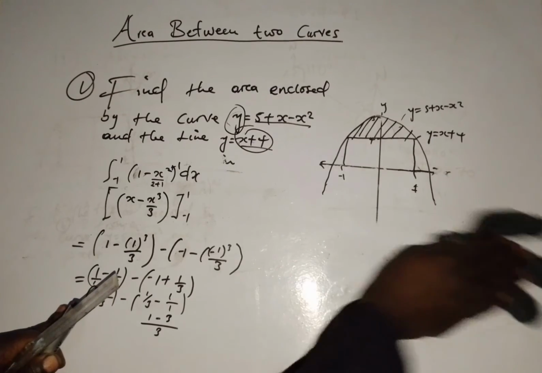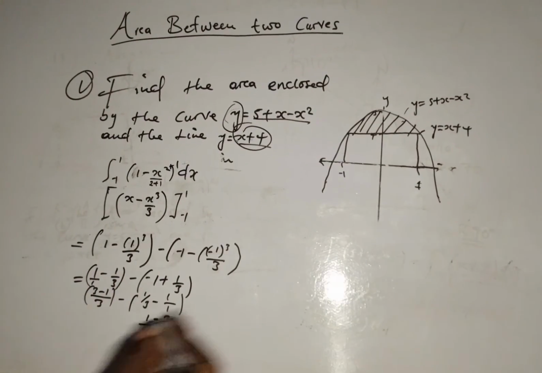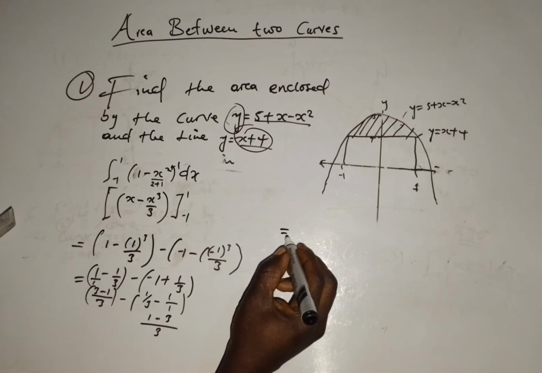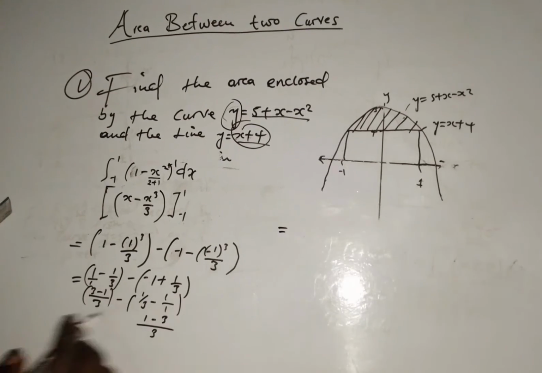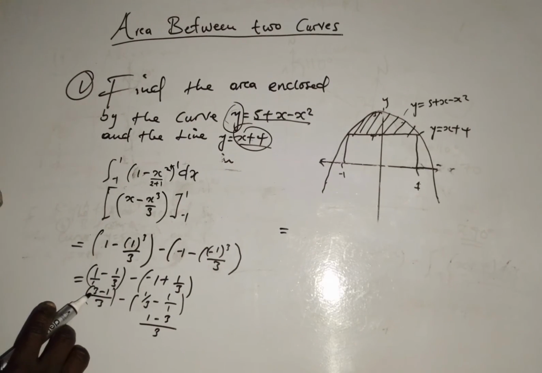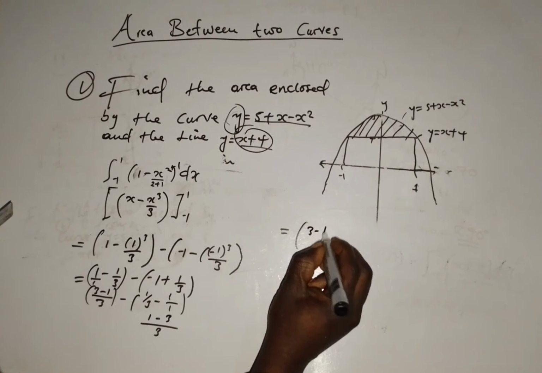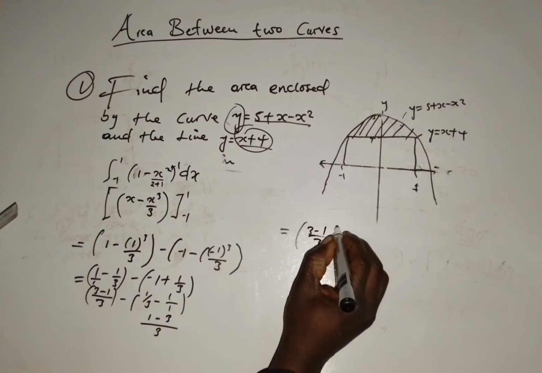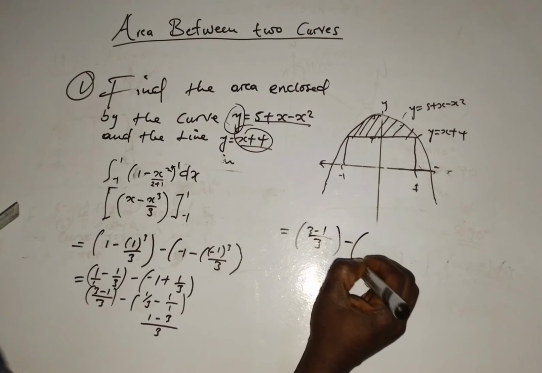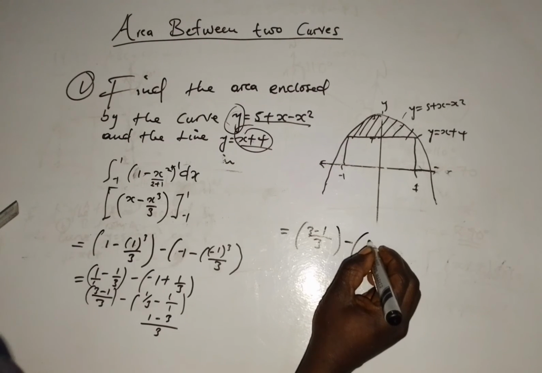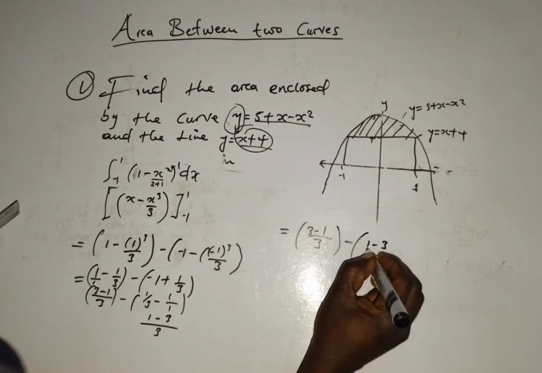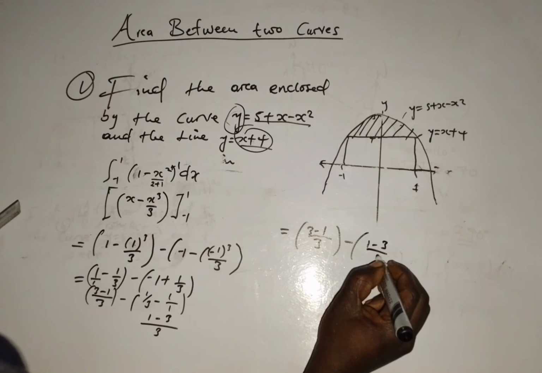So our equation will be like this: 3 minus 1 over 3, the bracket, then minus open bracket 1 minus 3 over 3.